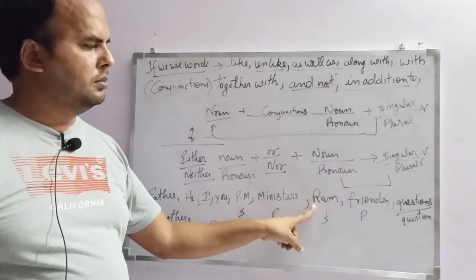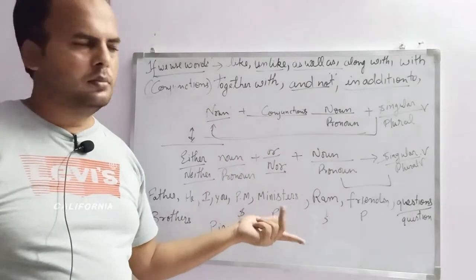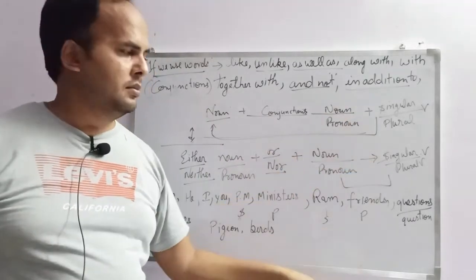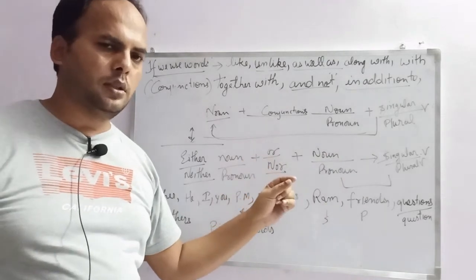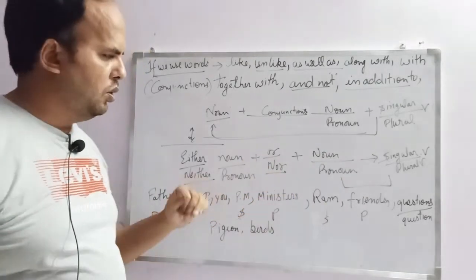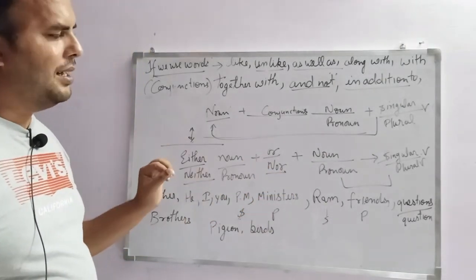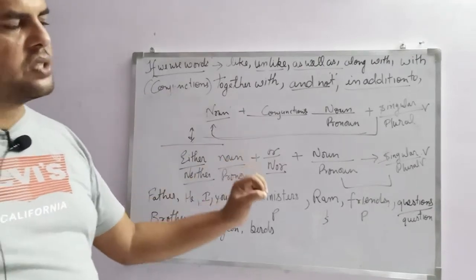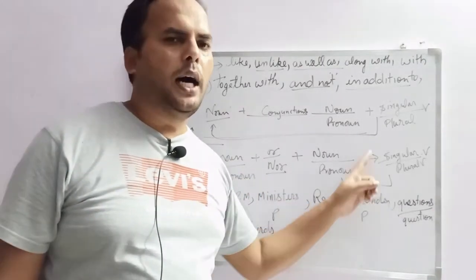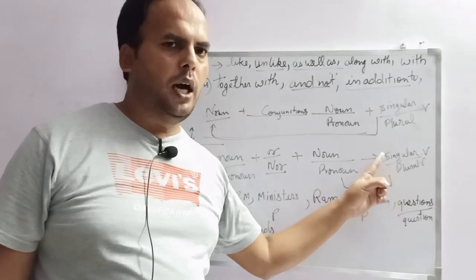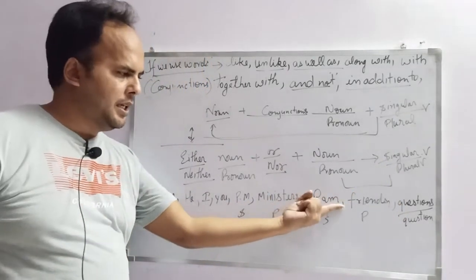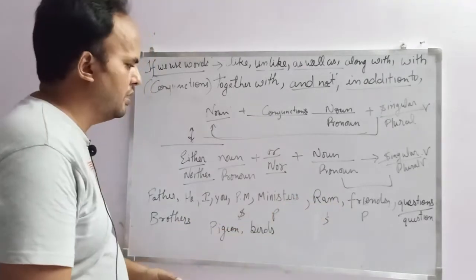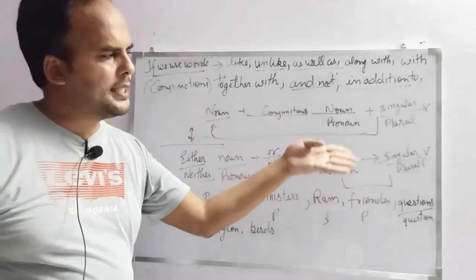Neither Ram nor Sham is present, because the noun was singular. Now, neither Ram nor his friends are present. Why? Because Ram is the first subject and friends is the second subject.